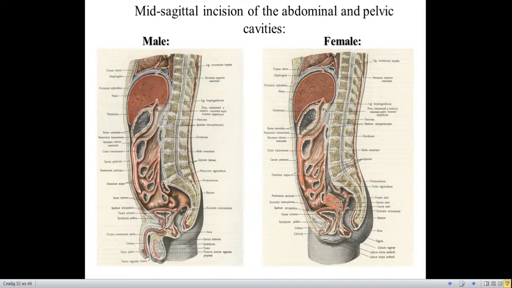On this slide is presented a mid-sagittal section of the abdominal and pelvic cavities. You can see the difference between male and female pelvic cavities. First of all, in the female the uterus is present. In this case you can see two excavations: excavatio vesicouterina and excavatio rectouterina.